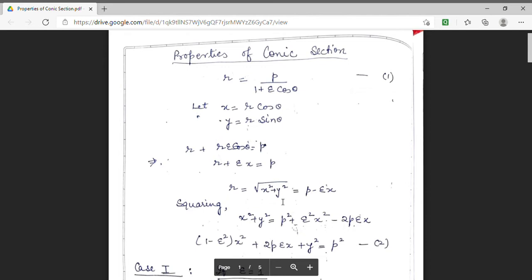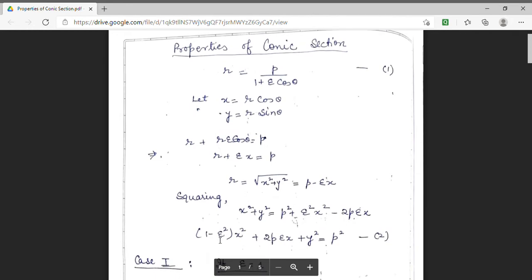The first term, and on the right hand side, this second term has a factor x square. So taking common x square, the expression becomes 1 minus epsilon square multiplied by x square plus 2p epsilon x plus y square equal to p square. So this is our second order equation.